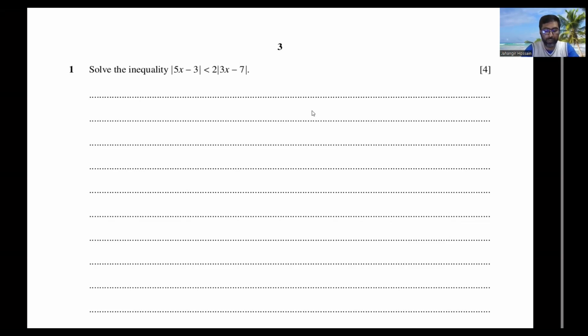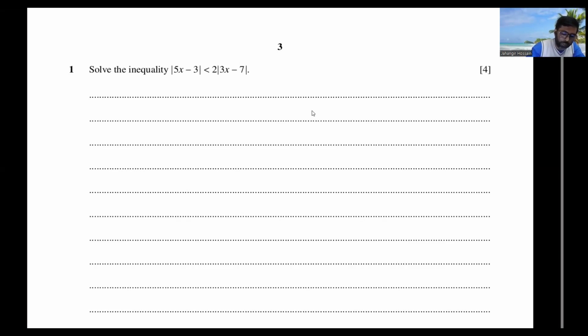So which region satisfies the inequality? We'll check it out by taking a suitable value in that interval. So these are the three methods, but actually we are doing here the direct algebraic method, that is squaring on both sides. So let's square on both sides directly.